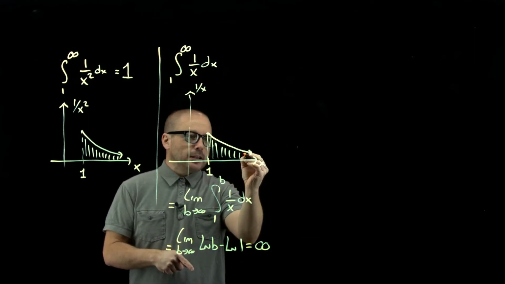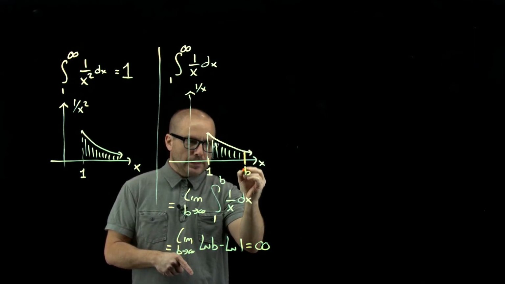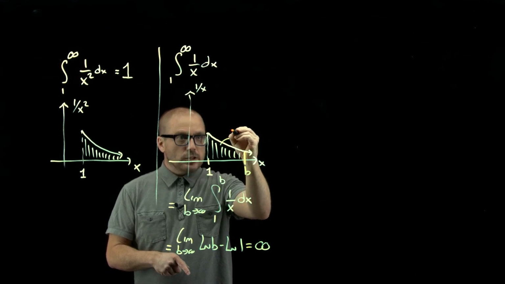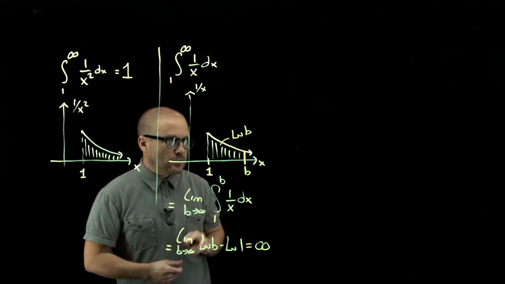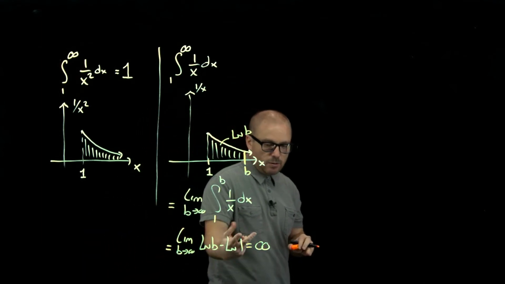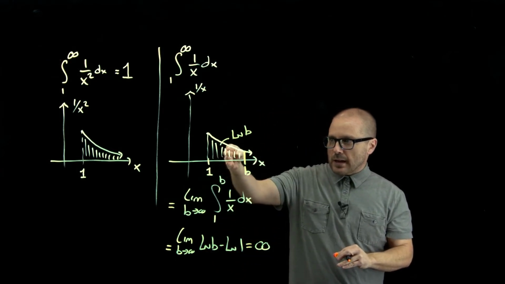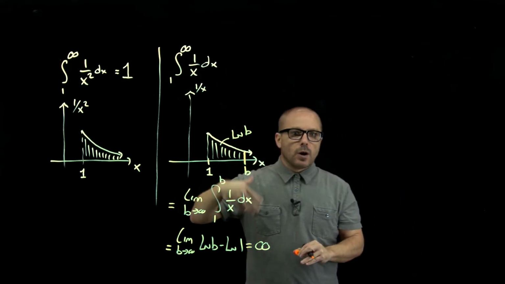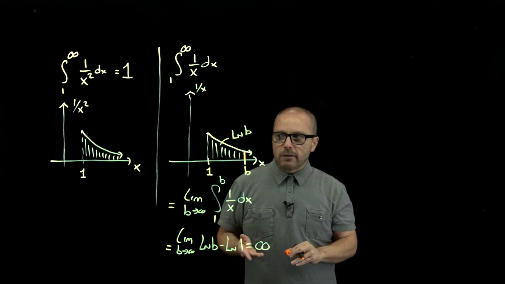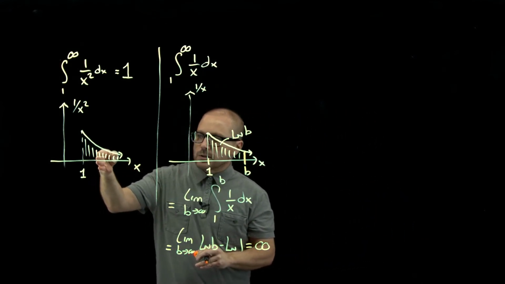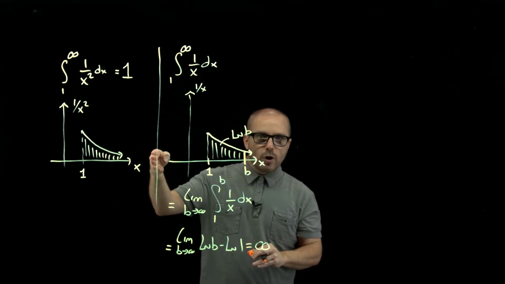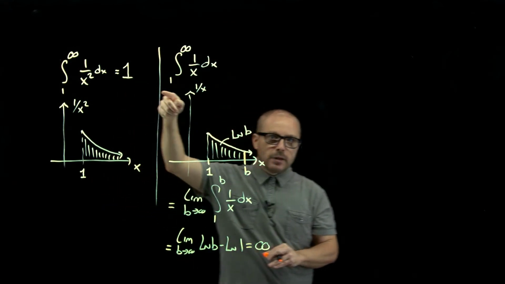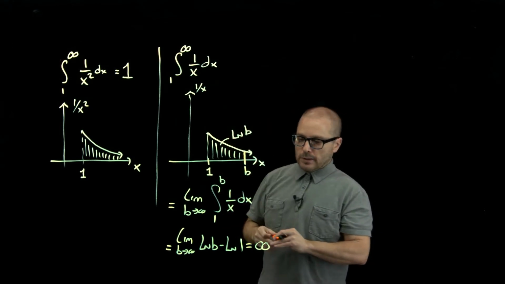Before we evaluated the limit, if you stop here at b, what you have underneath the curve there is natural log of b minus 0. And so that accumulation, as you slide farther and farther out, just keeps growing and growing and growing without bound. Whereas over here, we saw as you come out further and further, you grow and grow and grow, but you're growing up to and converging to 1.